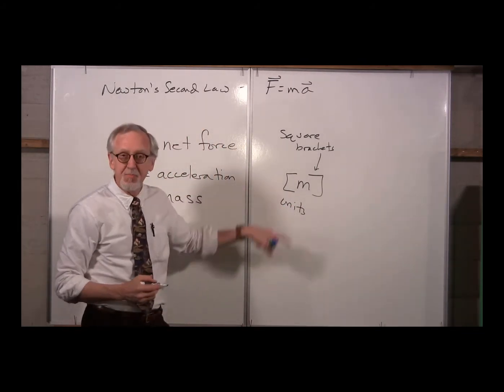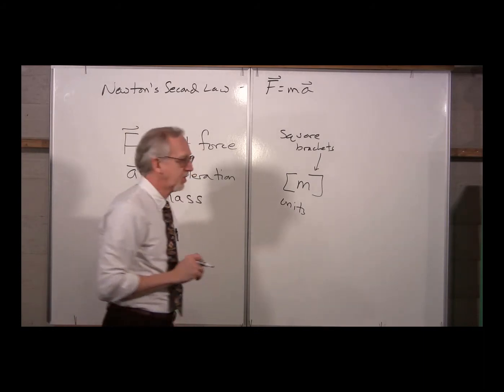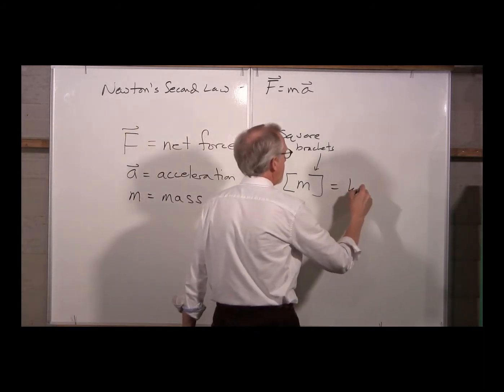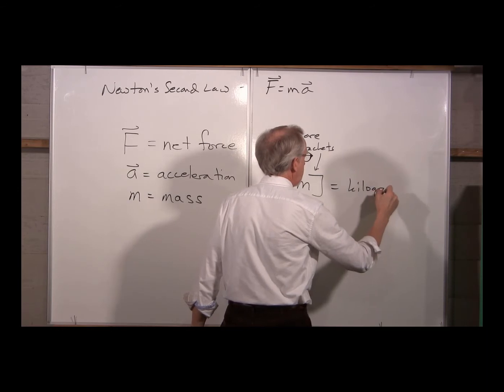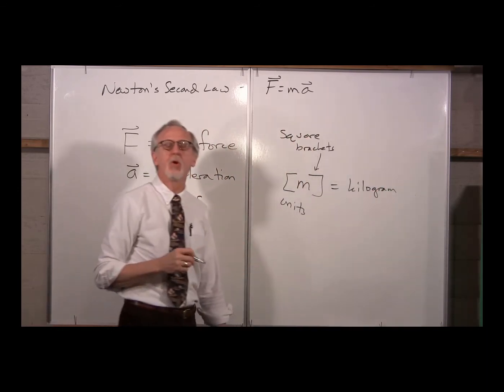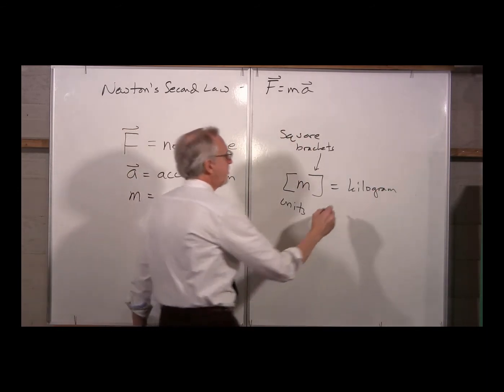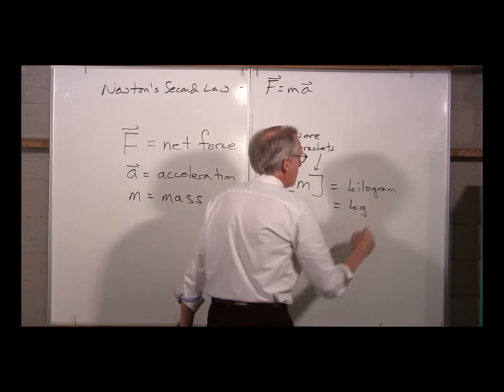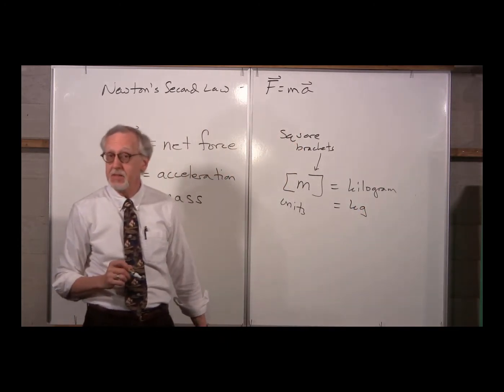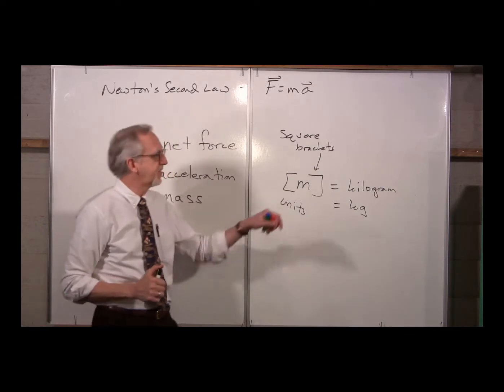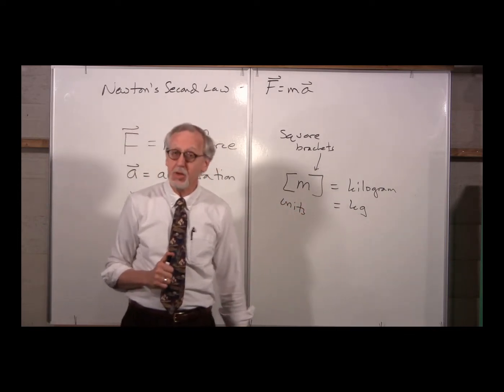So the units of mass, the standard SI unit for mass, is the kilogram. In other words, 1,000 grams. The shorthand symbol for a kilogram is kg. That's going to be the standard SI unit that we will use.